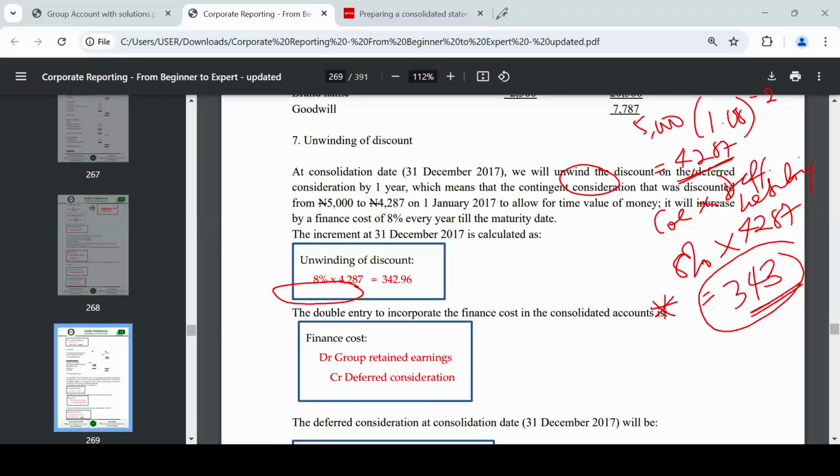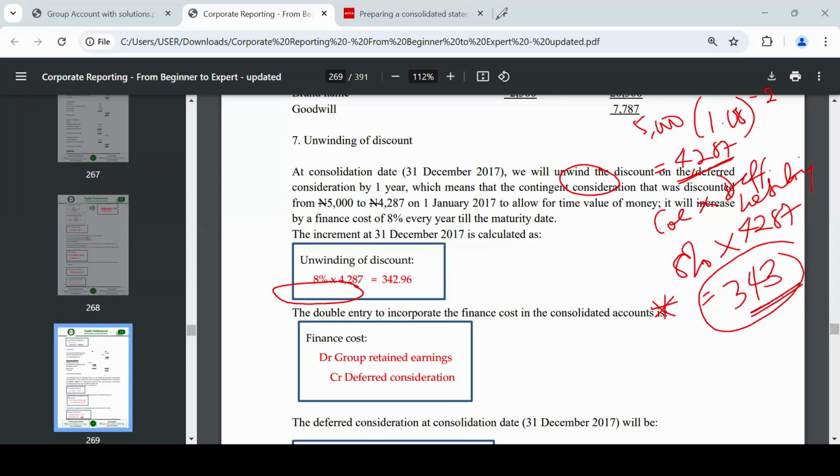So if, for instance, your company ABC Co. entered into an agreement with another company, let's say Abeco, and one of the articles of that contract is that you're going to pay Abeco 5,000 naira if Abeco is able to make a profit of 2,000 naira at a future date.